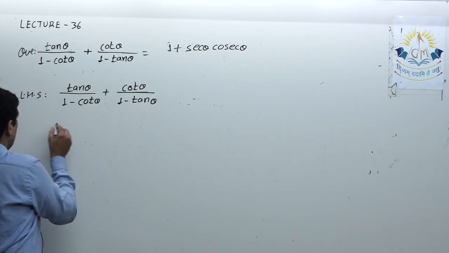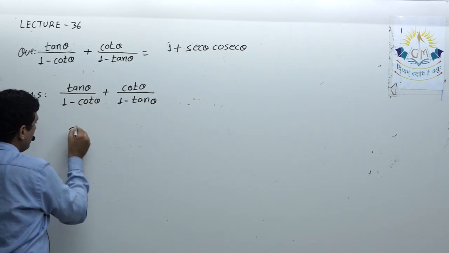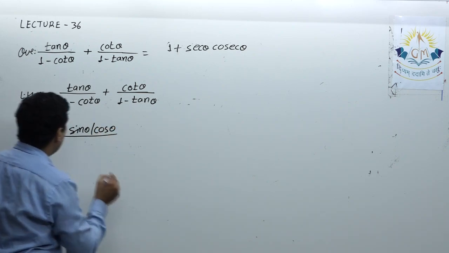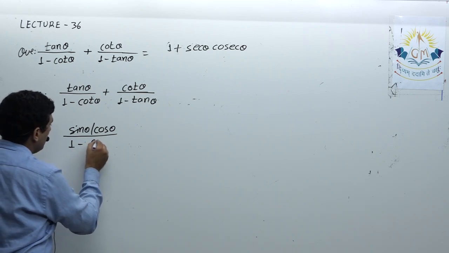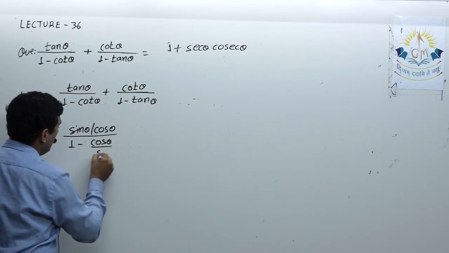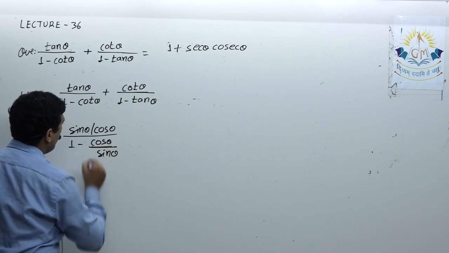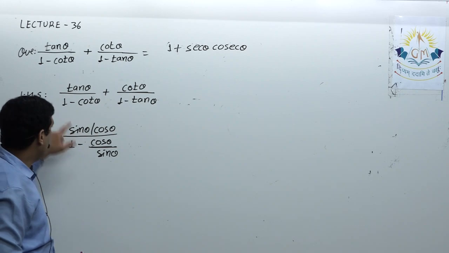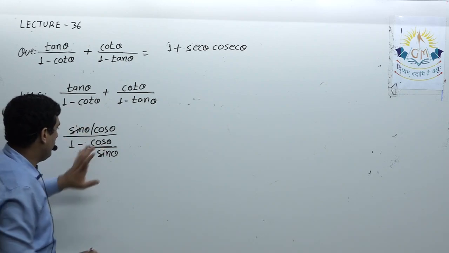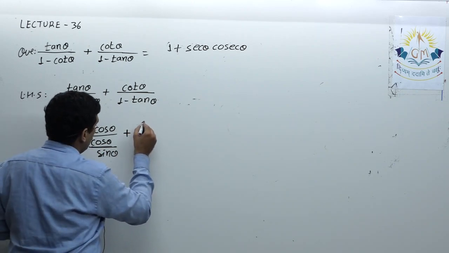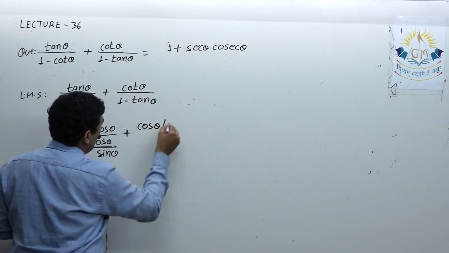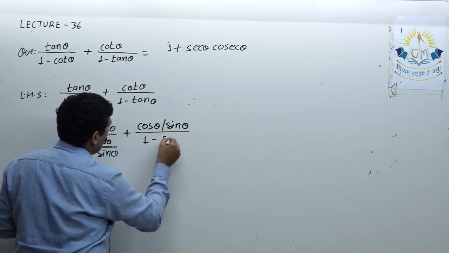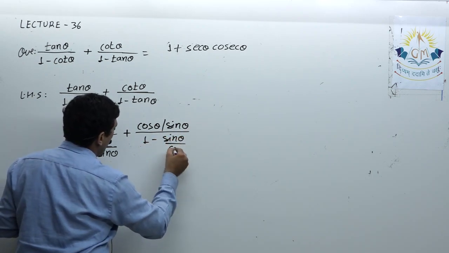So here tan theta is sine theta upon cos theta divided by 1 minus cos theta upon sine theta. What I did, I replaced tan by sine upon cos and cot by cos upon sine. Similarly over here I write cos theta upon sine theta divided by 1 minus sine theta upon cos theta.